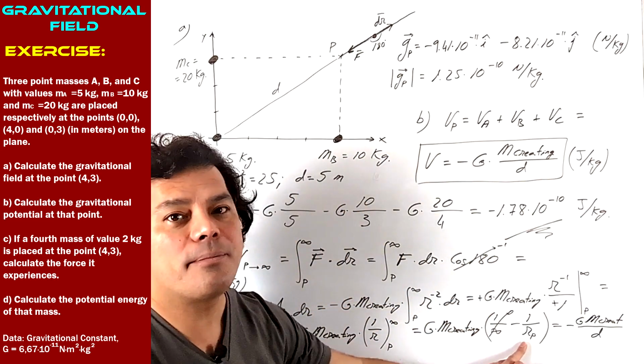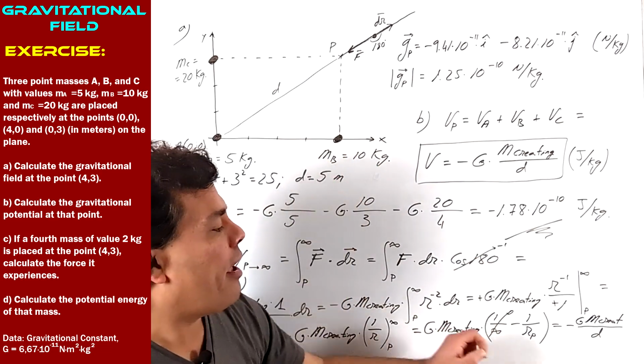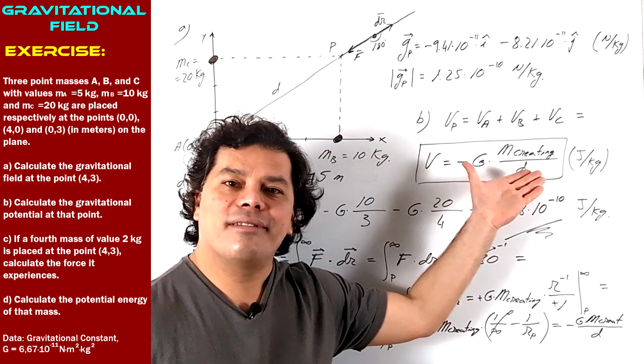Let's say that r sub p is the distance, and this is the expression that we have.